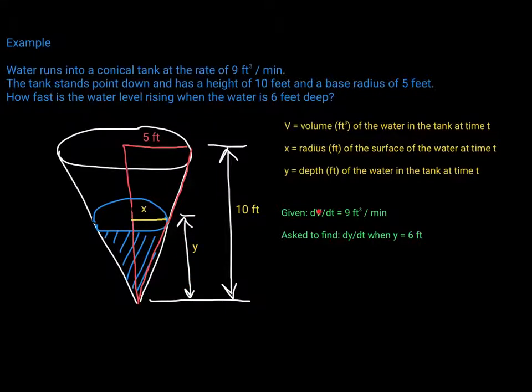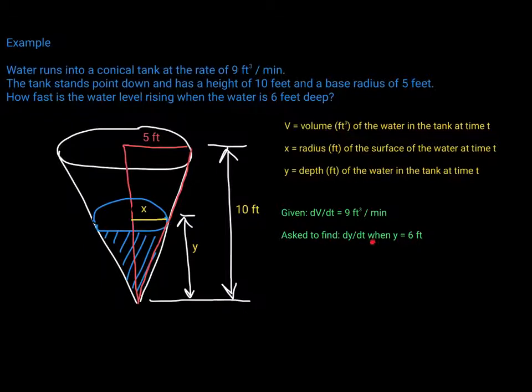Now we're given the rate at which the volume is changing. The water runs into a conical tank at the rate of 9 cubic feet per minute. That's given. So that's the rate at which the volume is changing with respect to time. We're asked to find dy/dt.